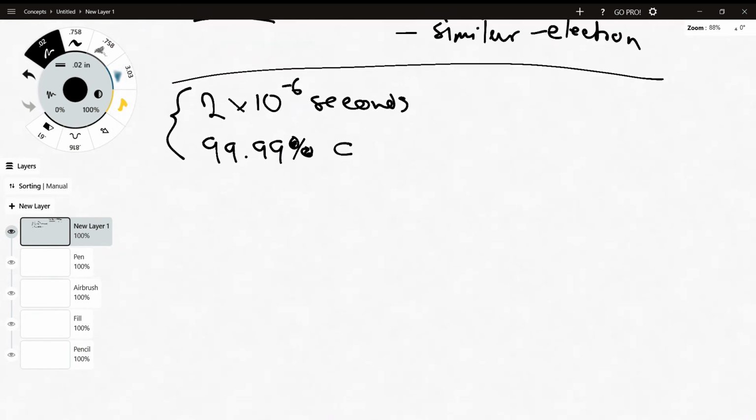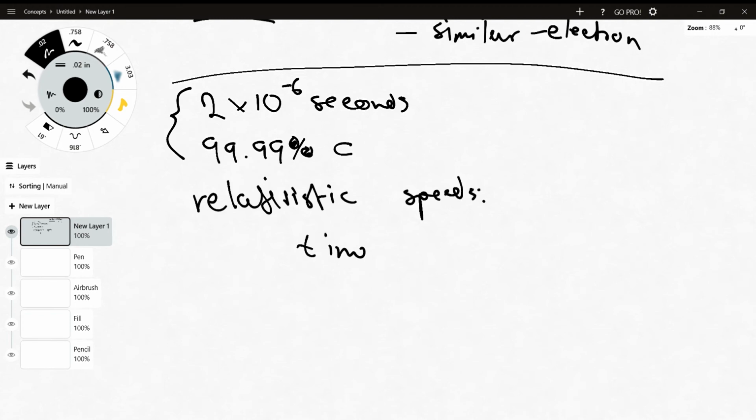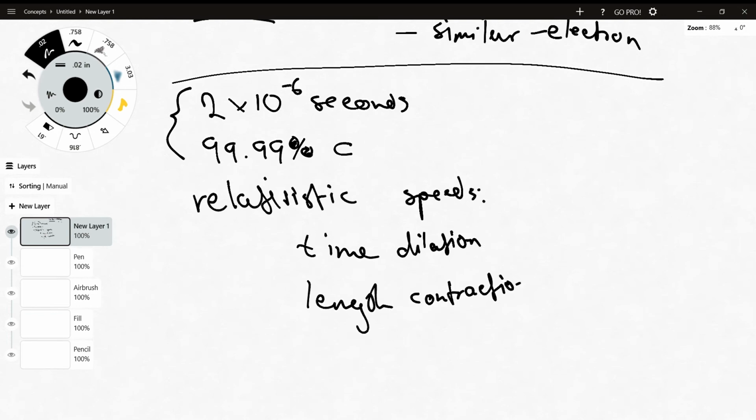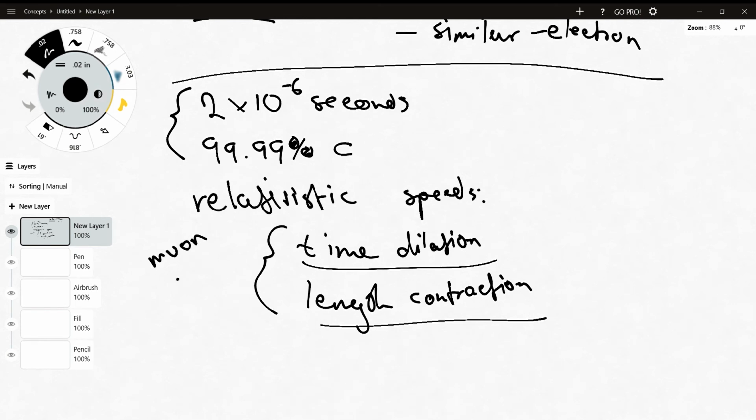Well, we know that relativistic speeds facilitate the effects of time dilation and length contraction. And these play an immense role in the travel of a muon. Its half-life, being so short, prevents it from reaching the surface of the Earth.